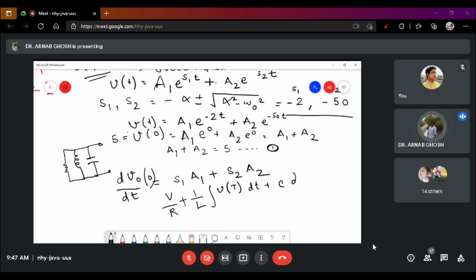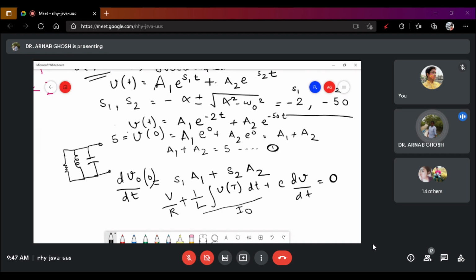Plus C dV by dt. Because your I0 is equal to 0, let's say this is the initial current I0. We are just putting this entire thing as I0, because there are no other initial currents in the circuit.